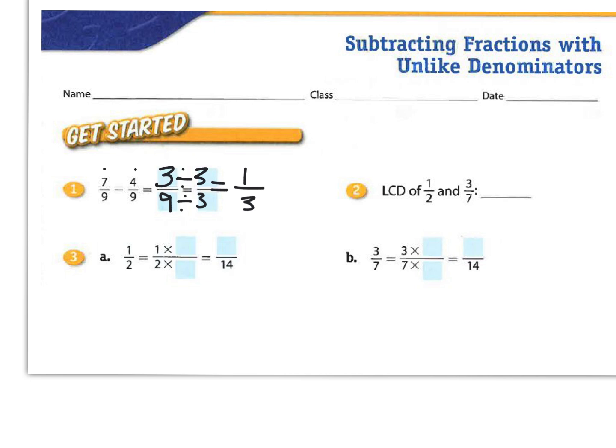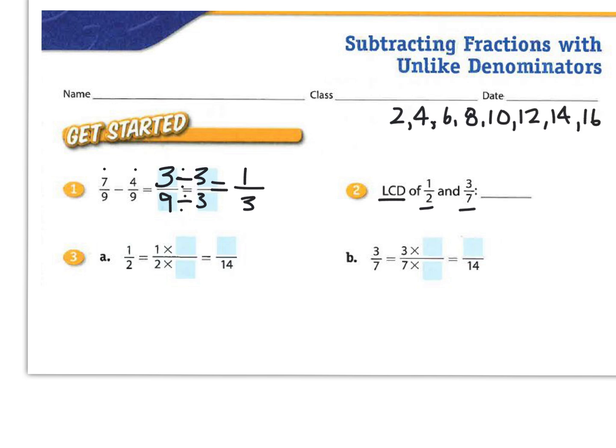This says LCD, lowest common denominator of 1/2 and 3/7. For the denominator, we need to find the lowest one that they have in common. I'm going to start counting by 2s: 2, 4, 6, 8, 10, 12, 14, 16.